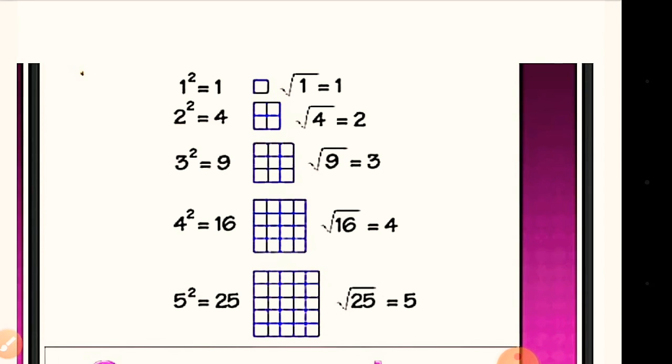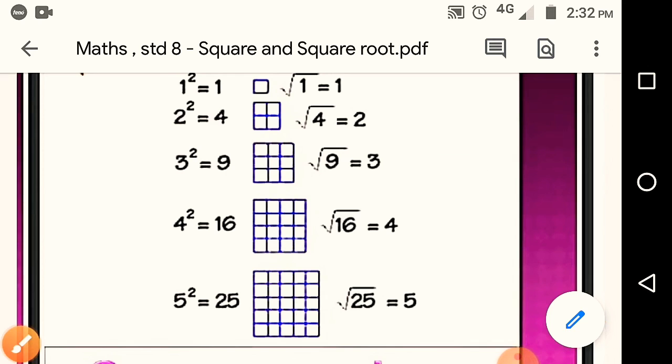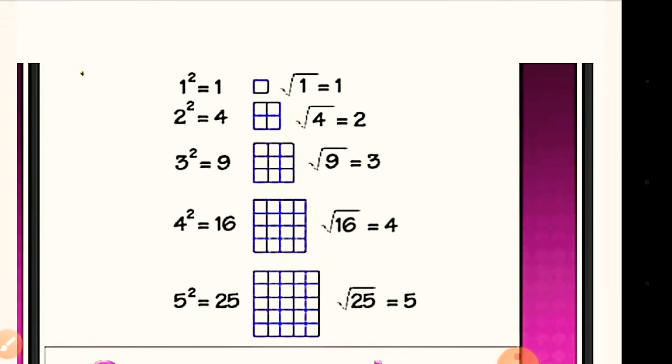So if I draw a square, the formula of square is side into side, or L into L. Same way here, when we are doing 1 into 1, one square, we are multiplying 1 two times. So this also gives us the shape of a square.